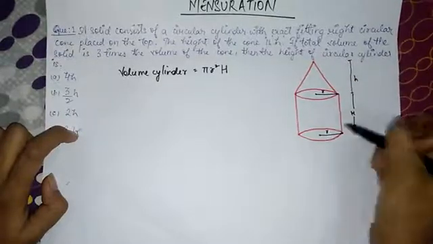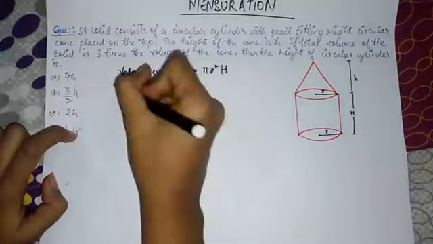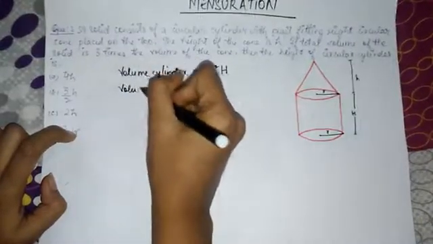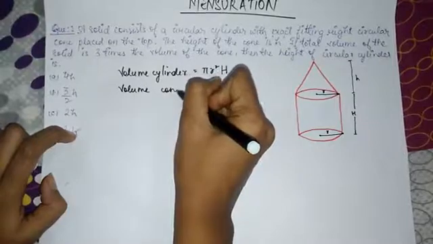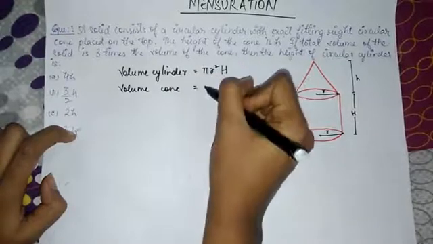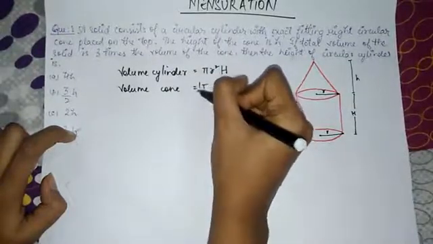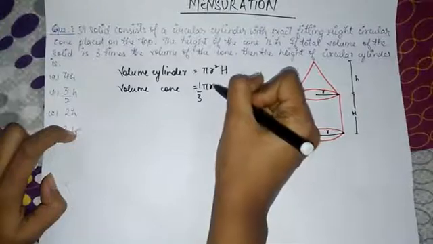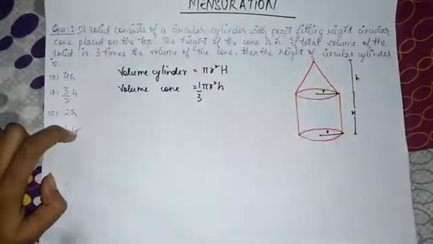This is equal r, and the volume of cone is equal to 1 by 3 pi r square h.